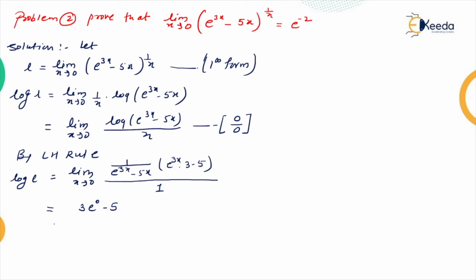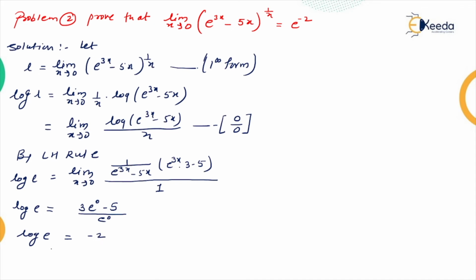So log L will be 1 here. Instead of that 1 we can write e to the power 0. So your total answer is log of e, which is equal to 3 minus 5, that is minus 2.